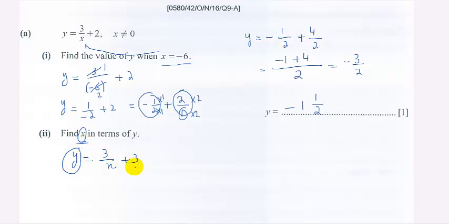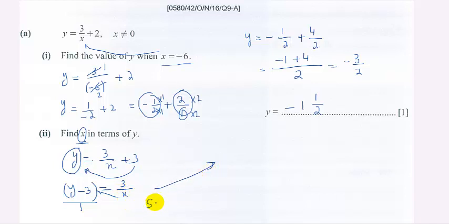So bring this 3 to the other side. It is y minus 3 is equal to 3 over x. Put this into brackets and put 1 under this. You can do cross multiply, or you can do this step as well.